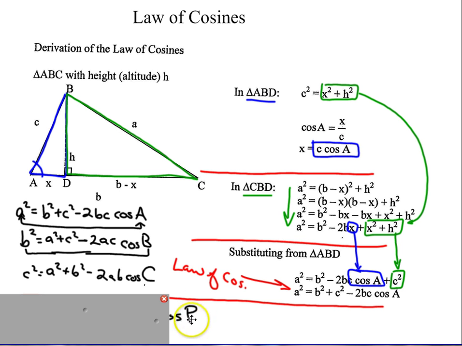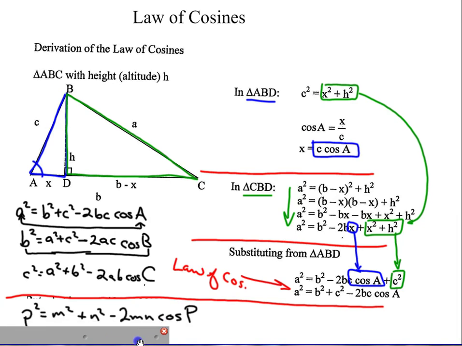So angle P is off by its own. I want you to write down a version of the law of cosines involving m, n, and p. All right, so hopefully you ended up with angle P is the angle involved, so therefore little side p is off by its own. p squared equals m squared plus n squared minus 2mn cosine P.